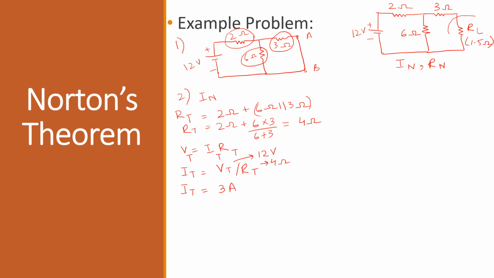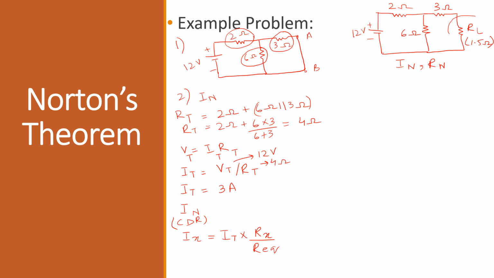Now we will find IN by applying the current divider rule. From current divider rule, we know that Ix is equal to IT multiplied by Rx divided by R equivalent.